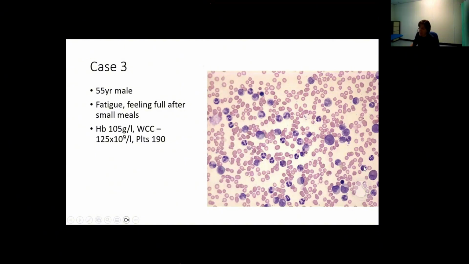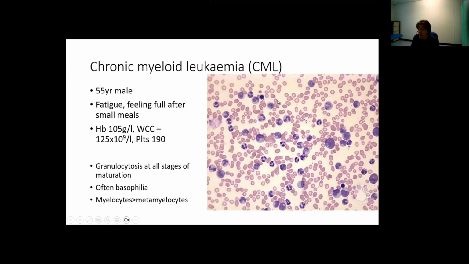It's got very dark staining granules. And this is a film which shows chronic myeloid leukemia. So what you would tend to see in this setting is granulocytosis at all stages of maturation. Quite often there's an increase in the basophils, and the myelocytes tend to be more prominent than the metamyelocytes.